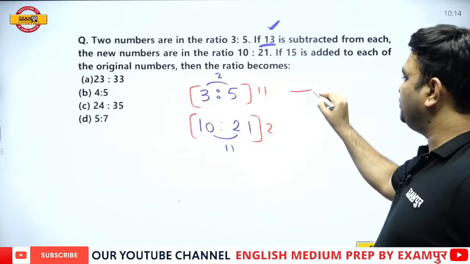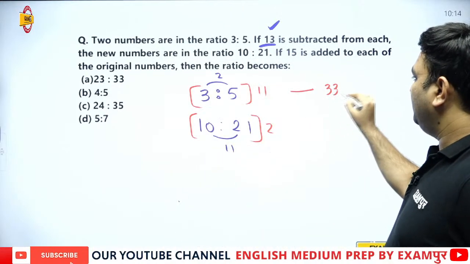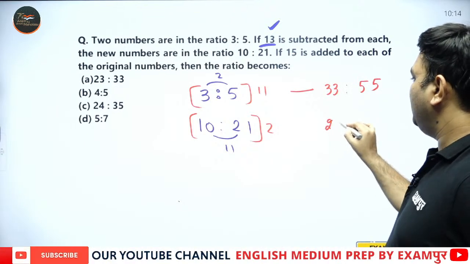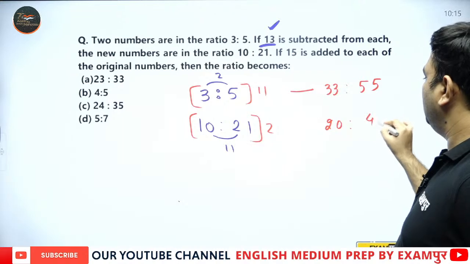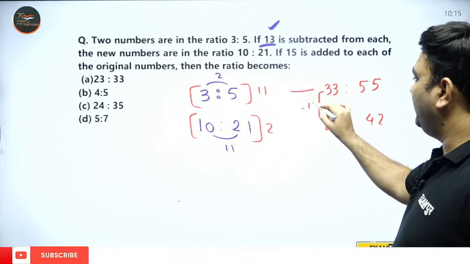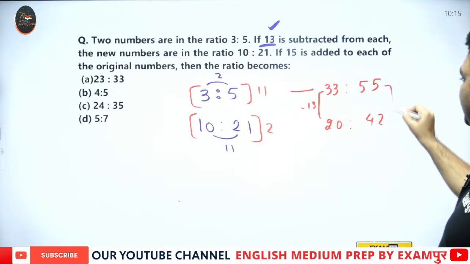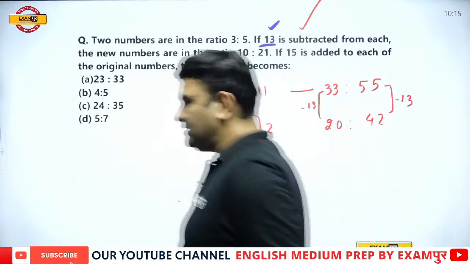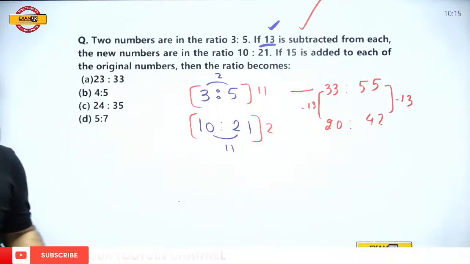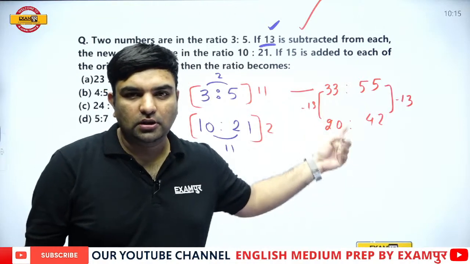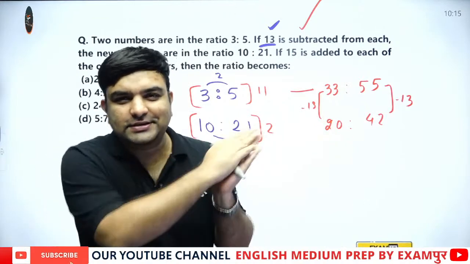So the new ratios would be 33, 55, and 20 and 42. So what is the difference? 13 decrement over here and 13 decrement over here.